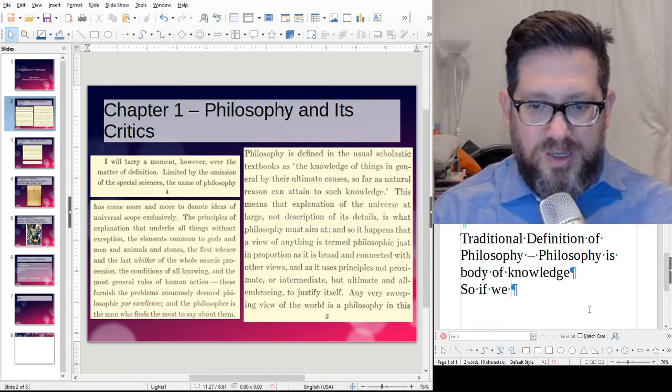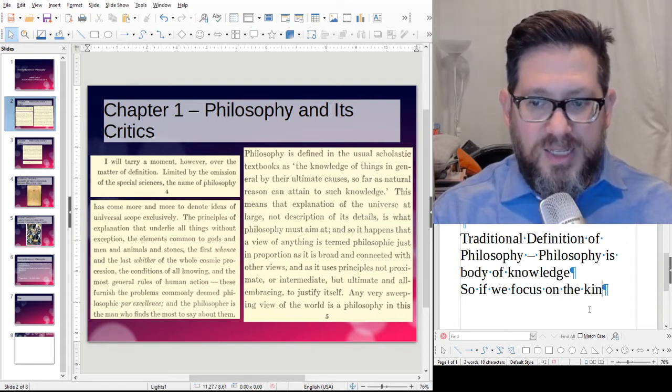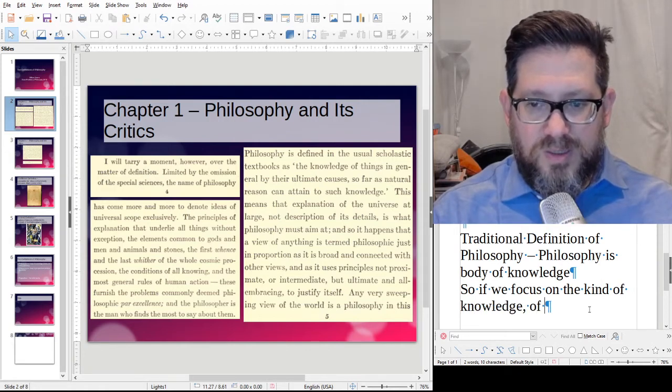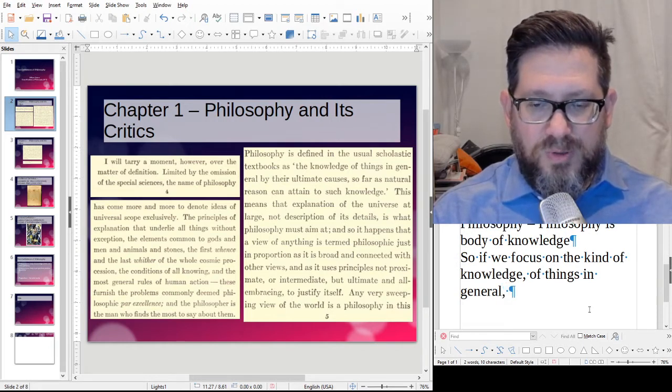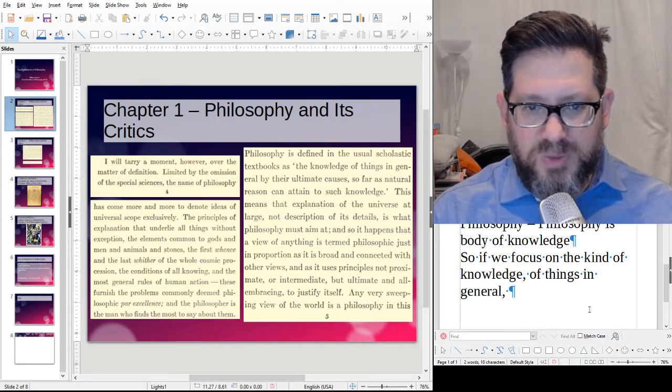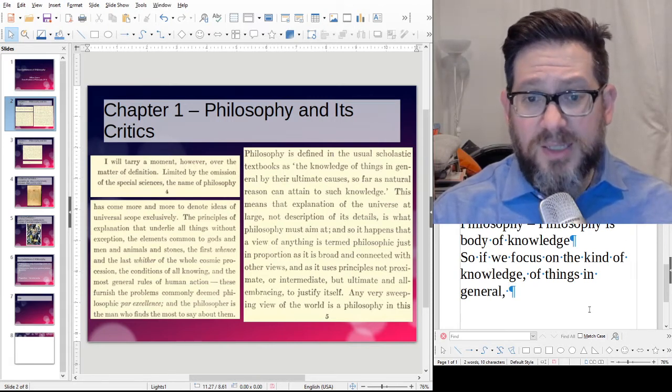So if we focus on the kind of knowledge of things in general, right? He says we're not talking about any specific thing, right? We're talking in the abstract, we could say.